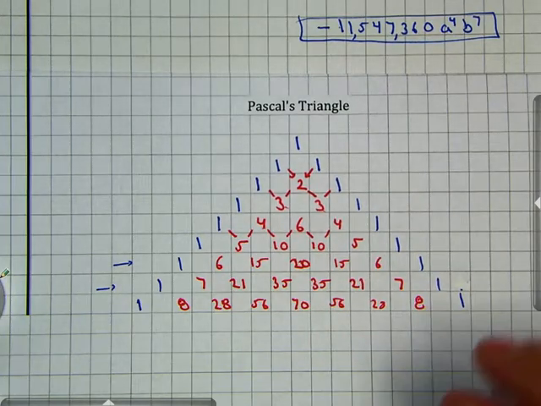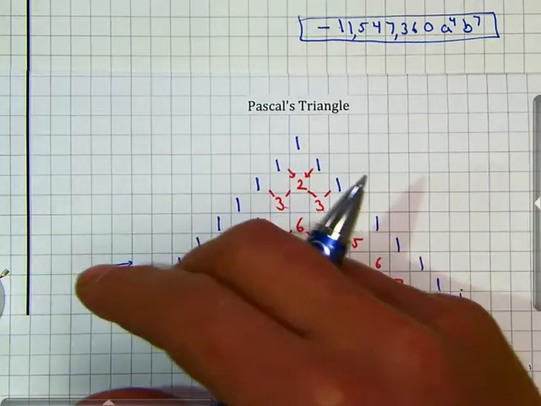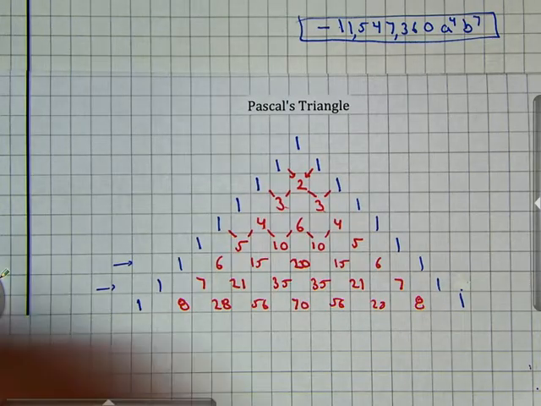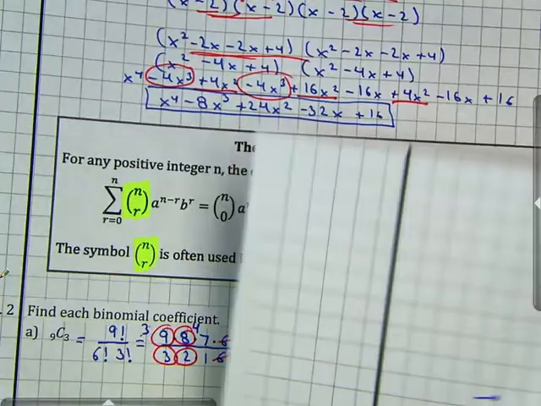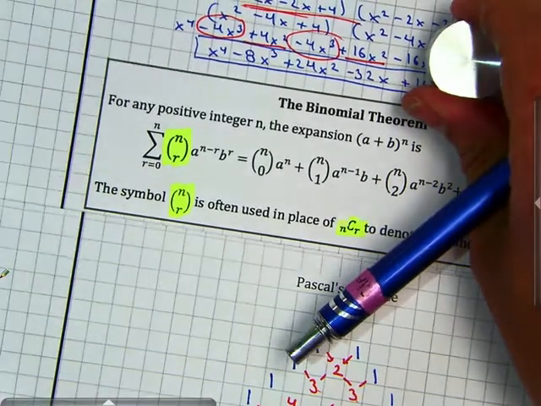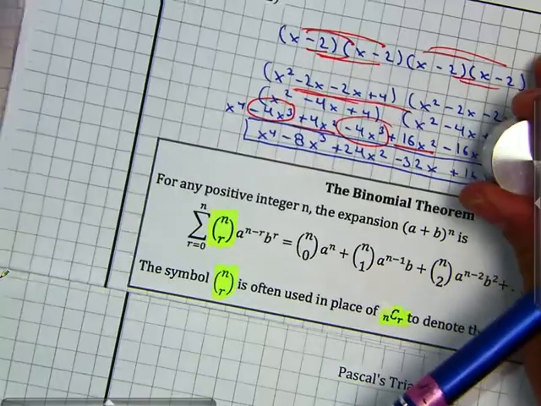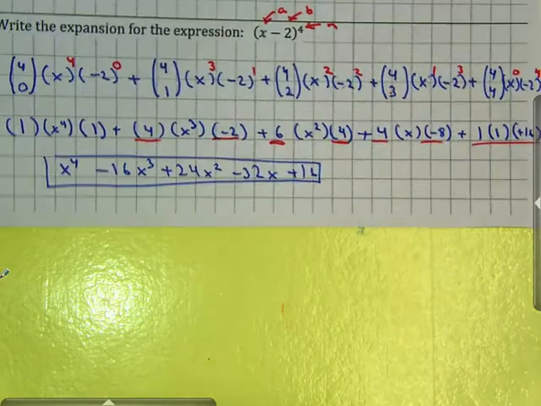Now, you can use this Pascal's triangle to be able to figure out your coefficients. So if you notice on example number 3, here we go.